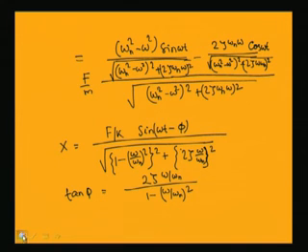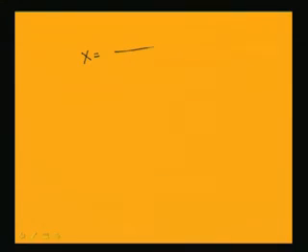So, by using this particular integral method, one can find the particular integral of the system. The particular integral of this equation can be given by x equal to f0 by k, and this f0 by k one can write as x0.